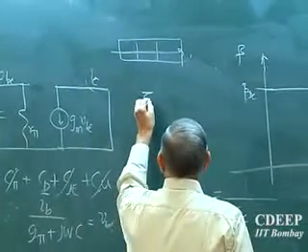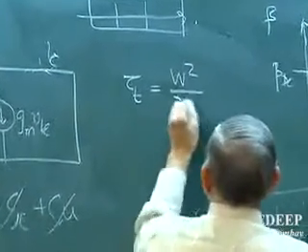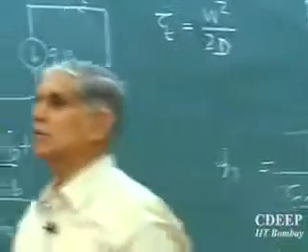So this time tau, and now I give that transit time is W square by D. So the transit time जो है बेस में ट्रांजिट करने का, that decides tau t. W square by 2D is the transit time.